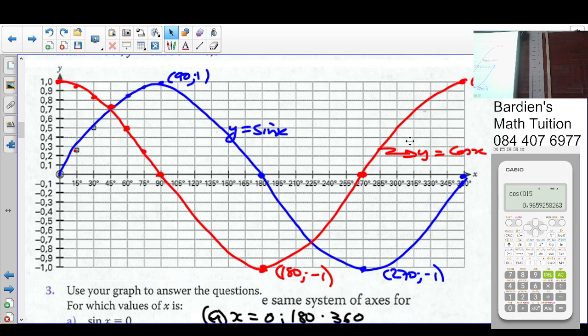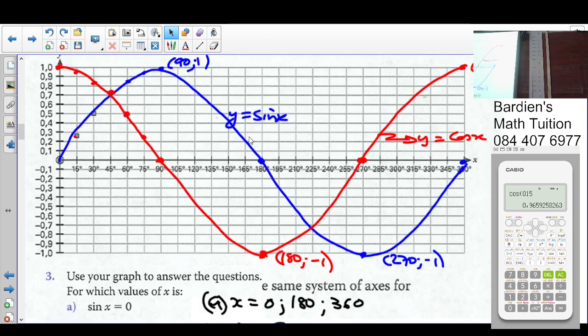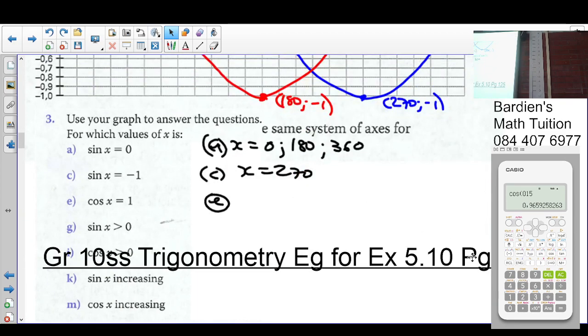Hendrix, what are you busy with, my girl? You're drawing, you must look here. Don't draw now. Where's cos of x equal to 1? At 0 and at 360. Can you see this is y is equal to 1 now? So x equal to 0 or x equal to 360.